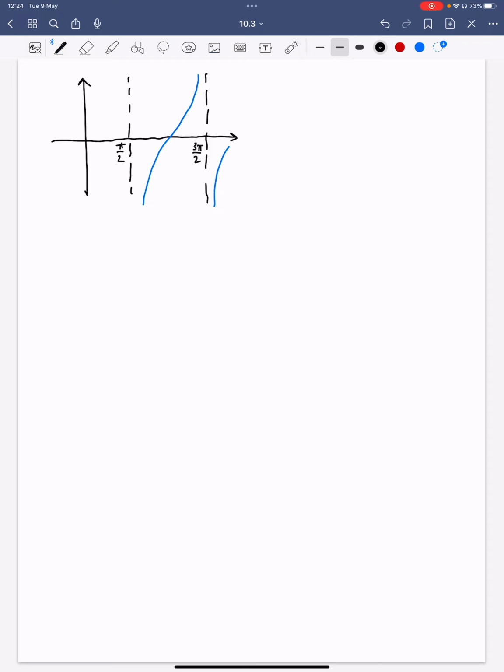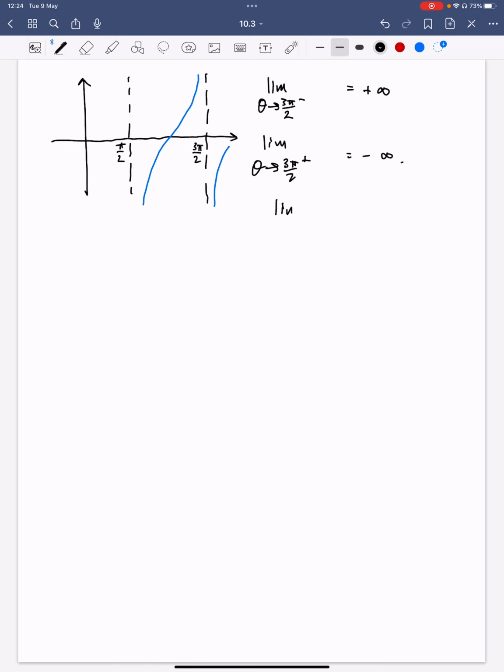And this is telling me that the limit coming from the left is going to be plus infinity, the limit coming from the right, negative infinity. So limit theta to 3 pi by 2 from the left is plus infinity, limit theta to 3 pi by 2 from the right, negative infinity.